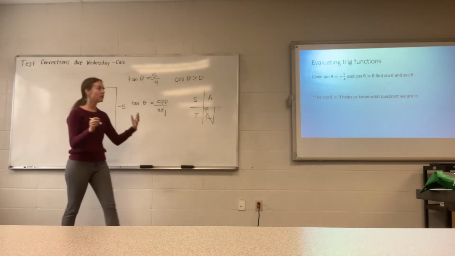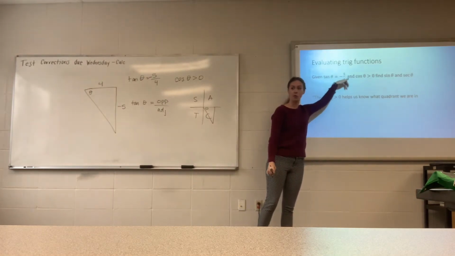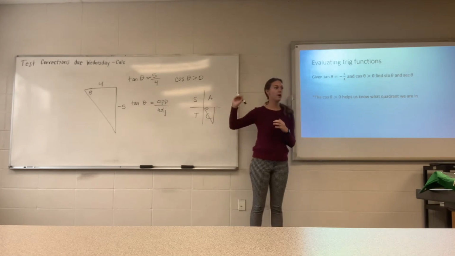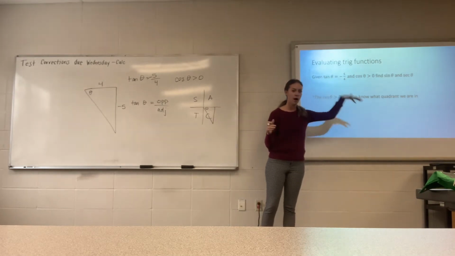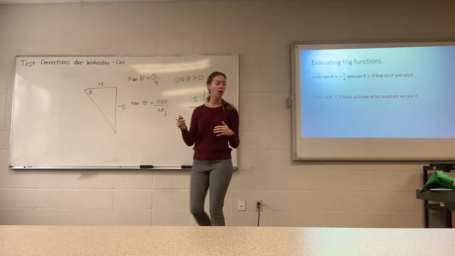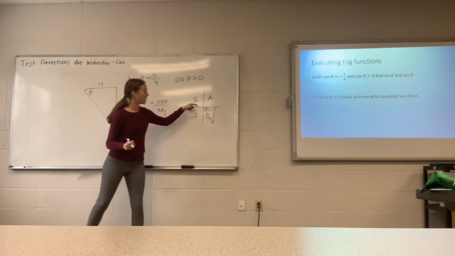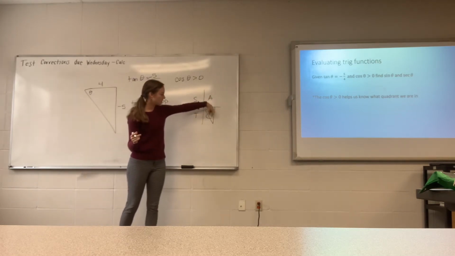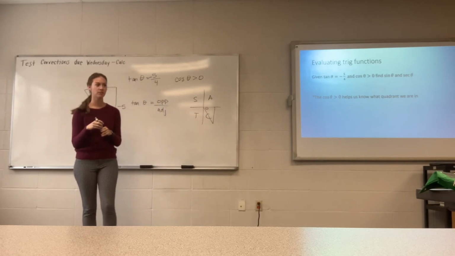The way it's written right now, you don't know if the negative goes with the 5 or the 4, so that's why we have to use the quadrants to figure out which number is actually negative. It could have been negative 4, but we know we're going in the positive x direction, so that's positive, and we're going down on our y, so that would be the negative 1. Does that make sense to everyone?